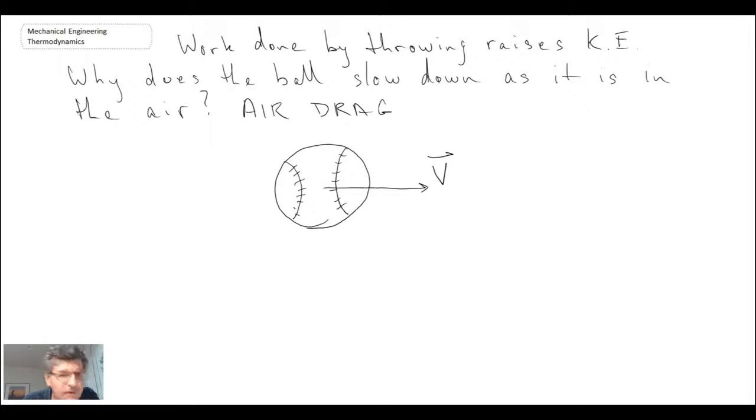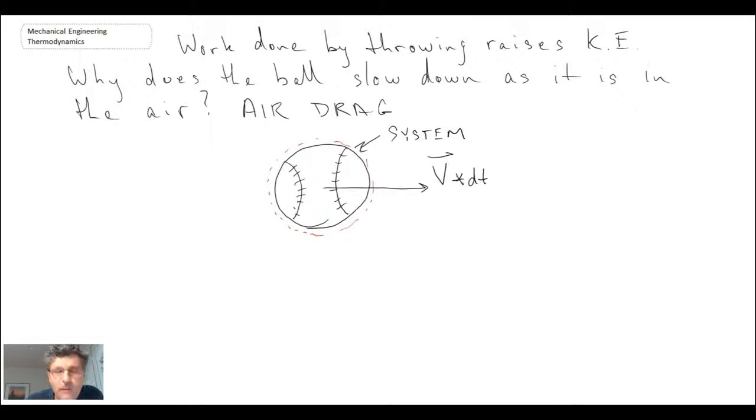And if we consider this for a differential period of time, the distance that it will move is that vector times dt. I'm going to put my system boundary around the ball like we had earlier. So that there is the system.